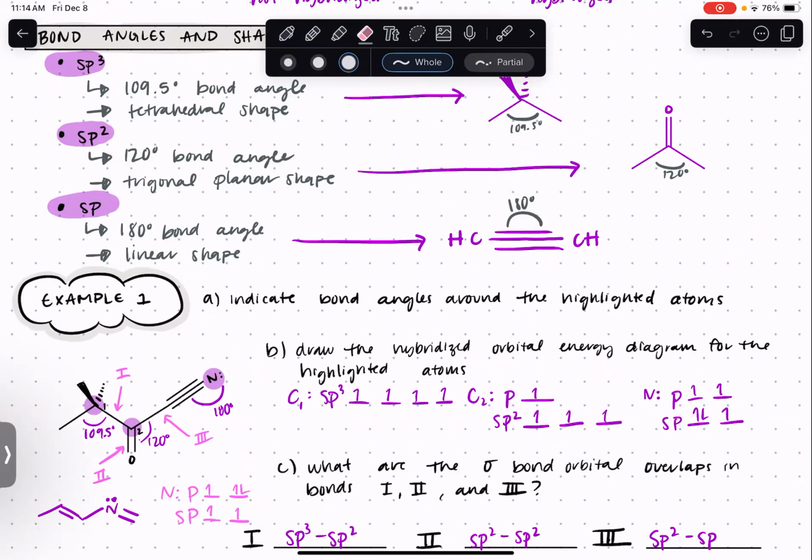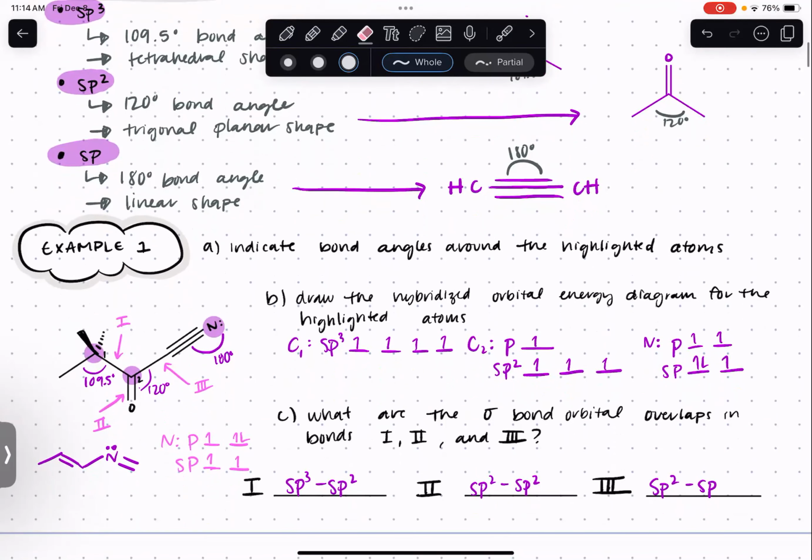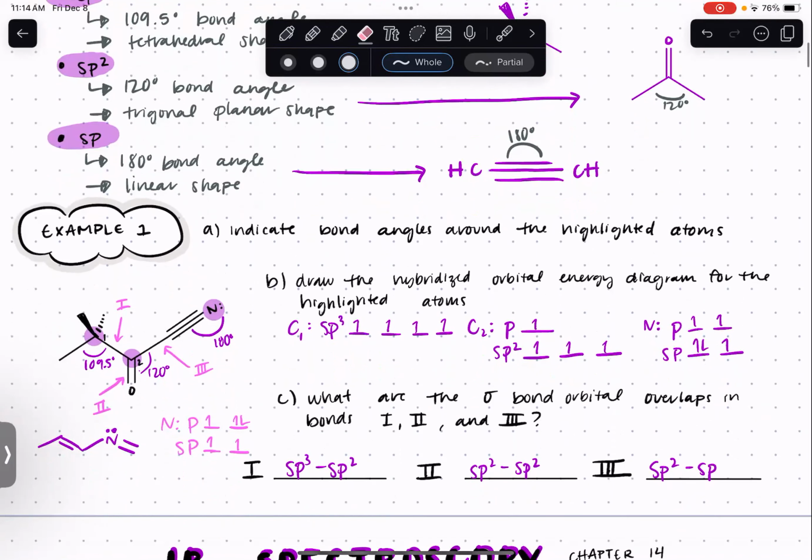Wait, so for the one that you just showed for the p orbitals, how do you know like one is single and the other one is like double? So you mean like there's three pi bonds? No, so what this is telling me is just that this p orbital with one electron in it is representing the double bond. The p orbital with two electrons in it is representing my lone pair that can participate in resonance.